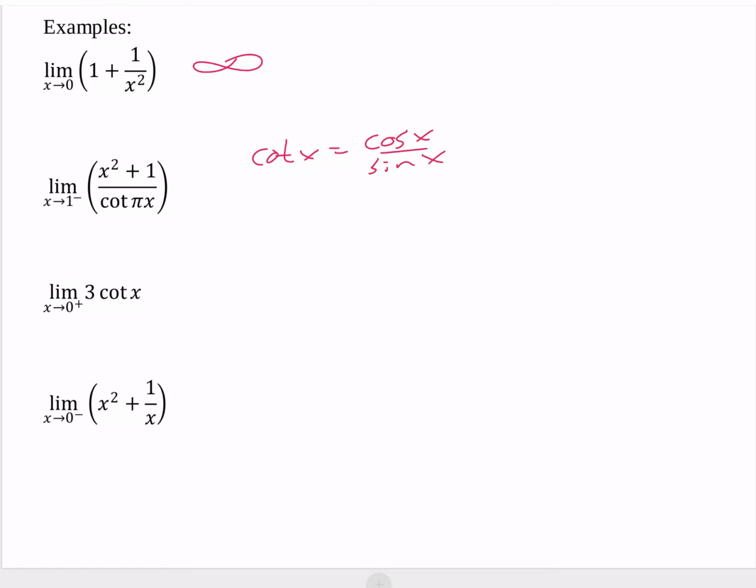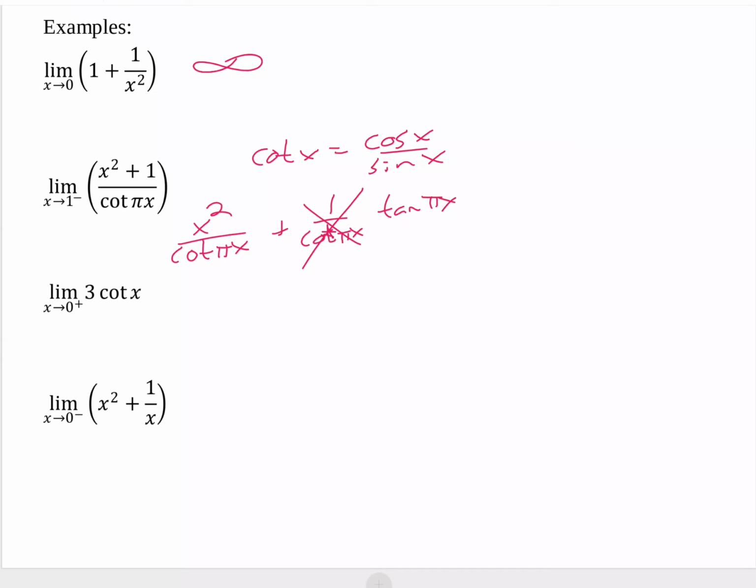To make it easier, we could break it apart: x squared over cotangent pi x plus 1 over cotangent pi x. But what is 1 over cotangent? That would be tangent. So we switch that into tangent pi x.